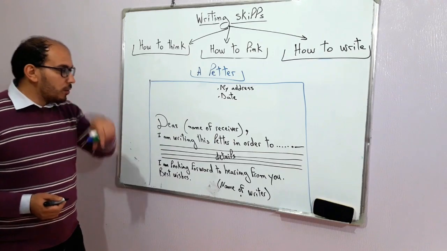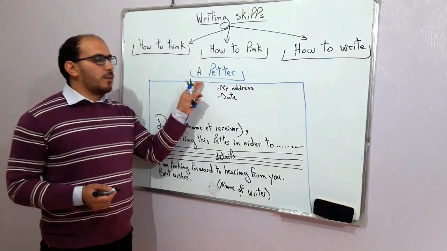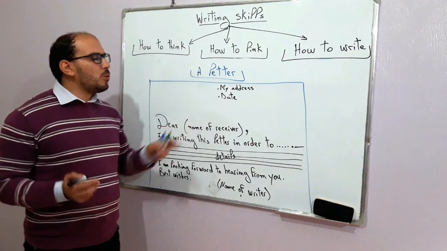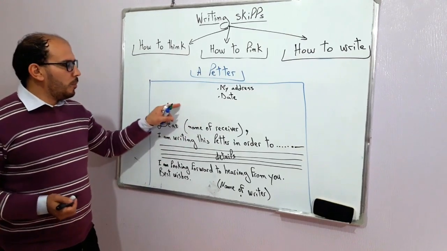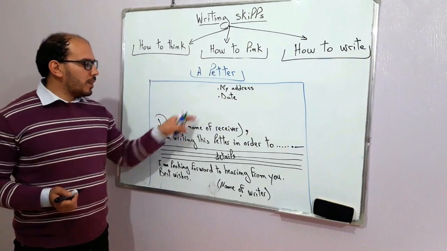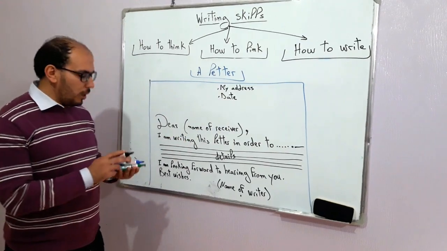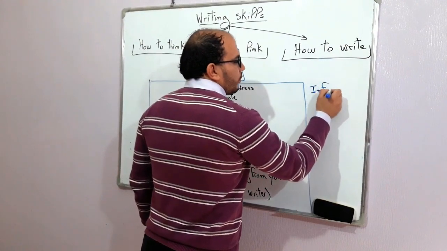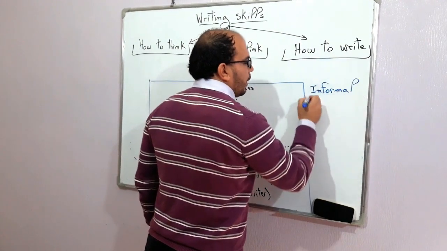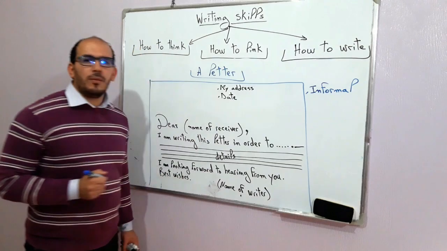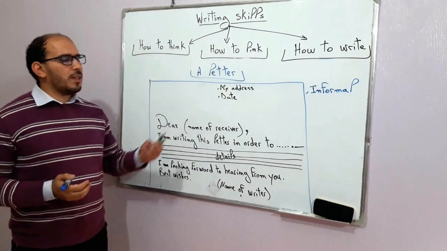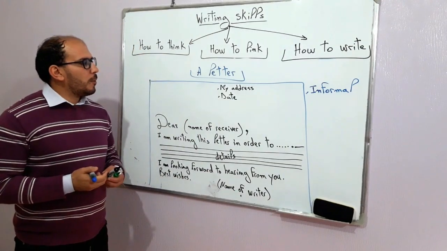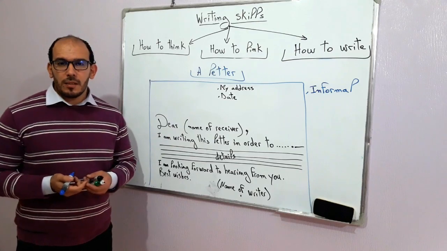You may ask, for example, that for a letter we have two types of letters. For example, we have this kind of letter, and it is an informal letter. Why? Because this letter is between friends.